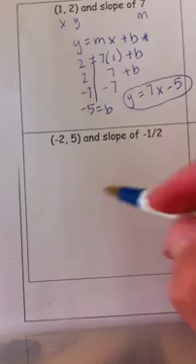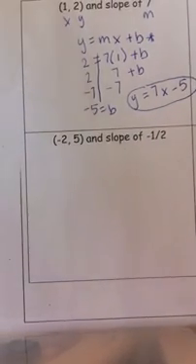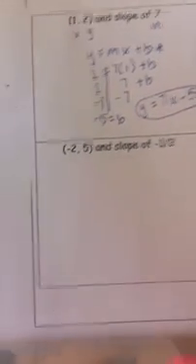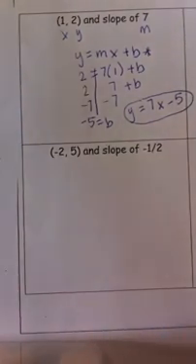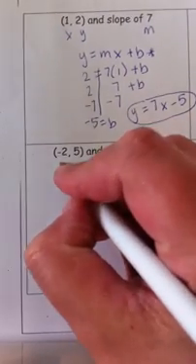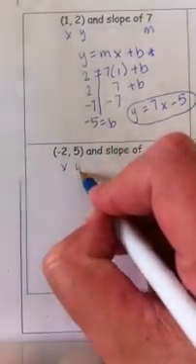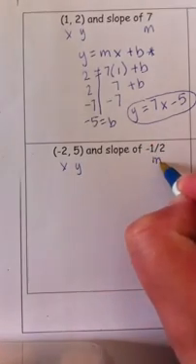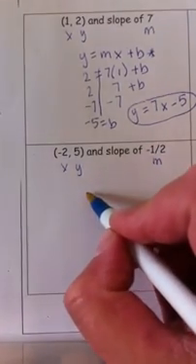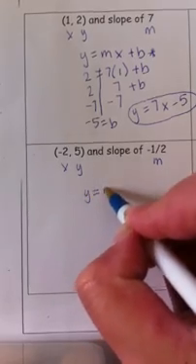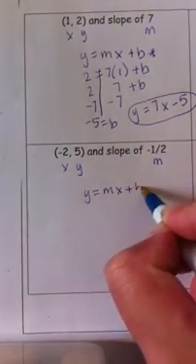Alright, next one. Again, we are filling in our x and y and our slope. So we have x, we have y, and we have slope is m. So y equals mx plus b.